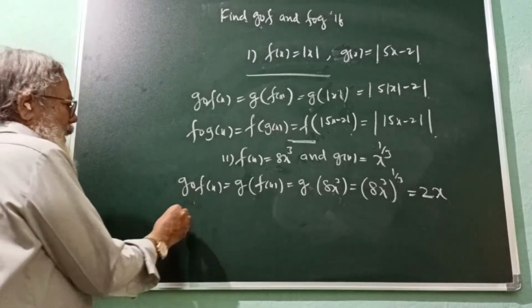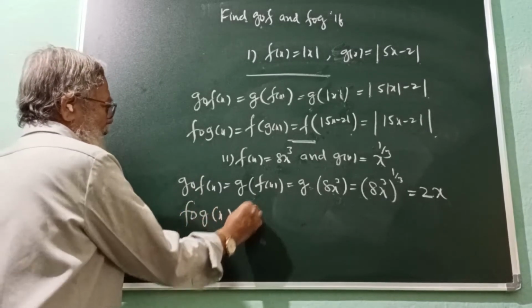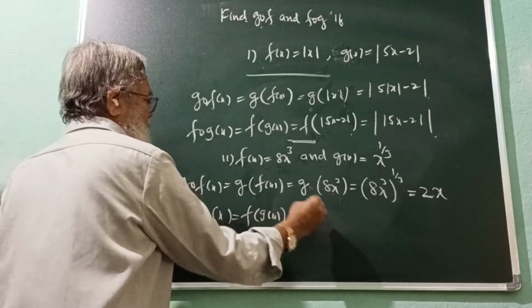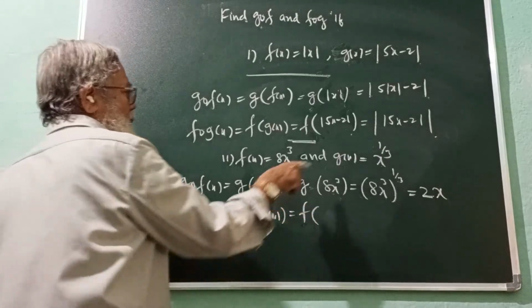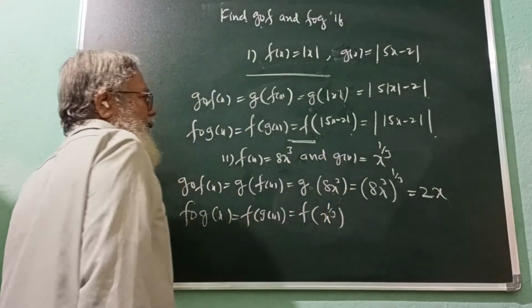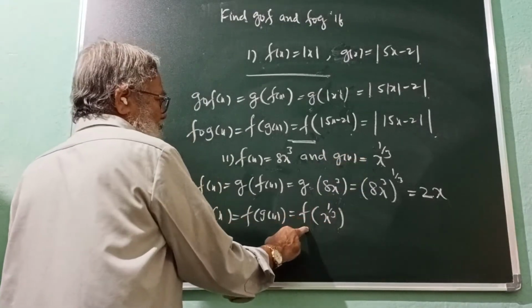Similarly, f composition g of x, f of g of x, that is given by x raised to 1 by 3. This is where g of x is given as x raised to 1 by 3. Now we have to apply f for that.